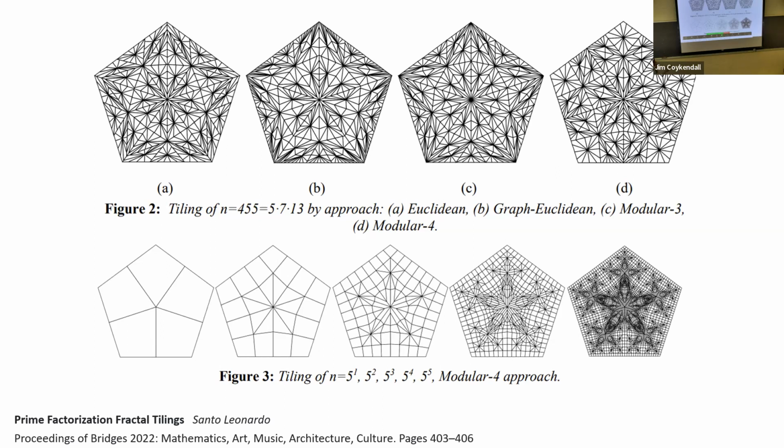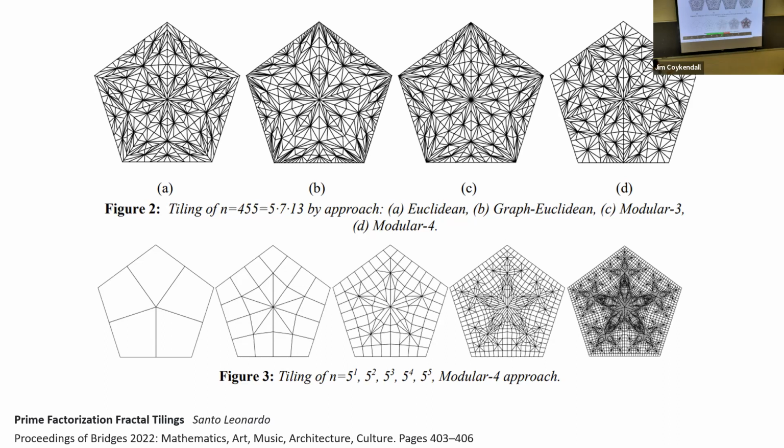Here there are some others. This is 5, and then this is 25, and then 5 to the power 3. It uses an approach that has been explained in a paper called the modular form approach, and then it somehow groups the 4 together, and if you keep increasing the power, at the end you will end up with pictures like this.